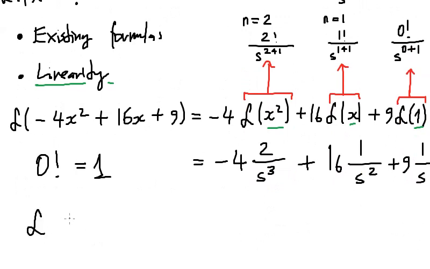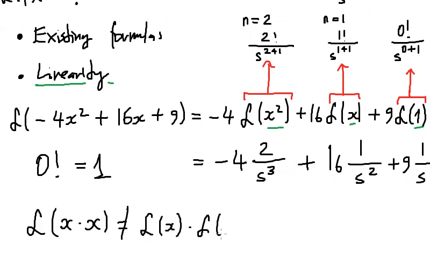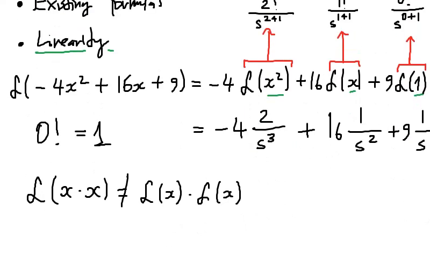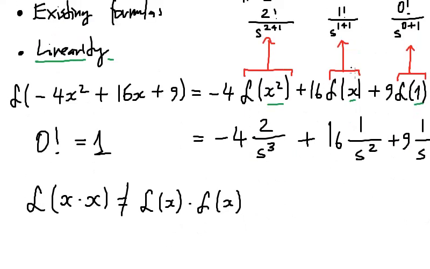In case you didn't study linearity, let me point out to you that if we have something like the Laplace transform of x times x, it is not equal to the Laplace transform of x multiplied by the Laplace transform of x. Do we see why? Well, we can already from the previous formulas derive this non-equality.